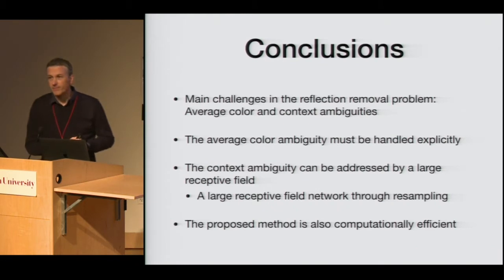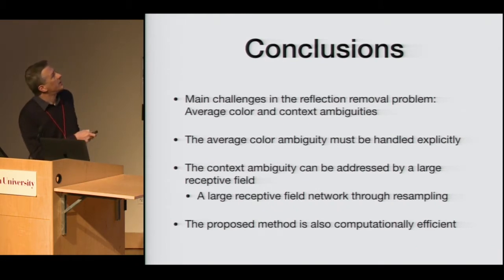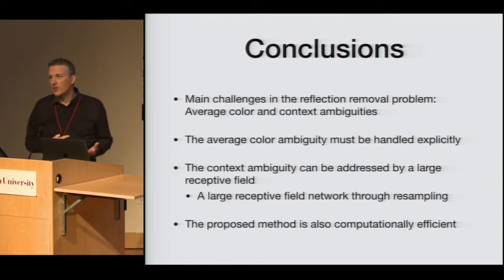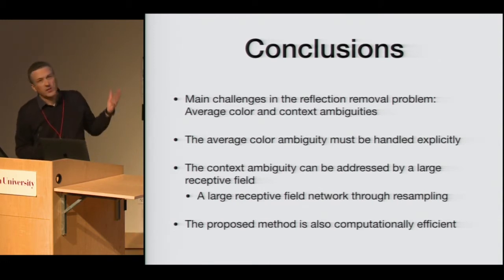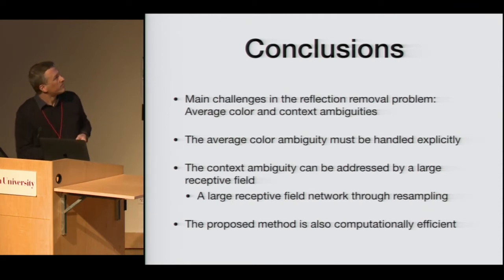So in conclusion, the main challenge in the reflection removal problem is the ambiguities caused by the harmonic components. In particular, the average color is a very strong component, and there are context ambiguities caused by the other higher order components.